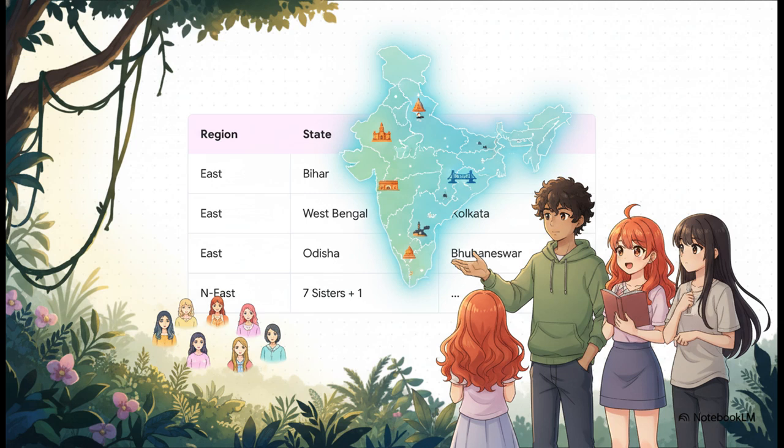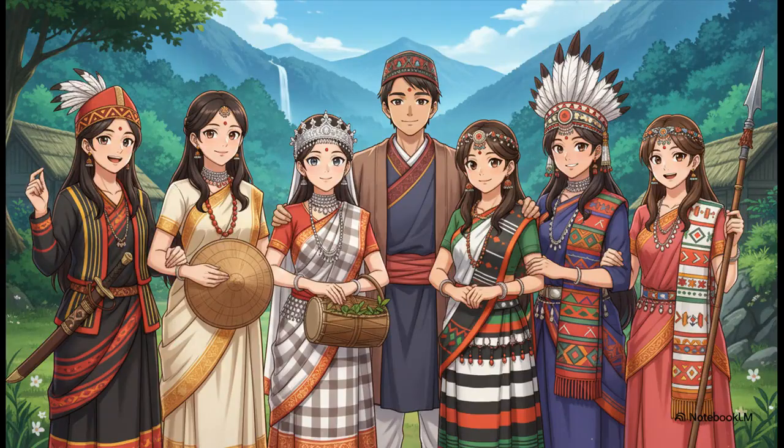Okay, let's swing our journey over to the east. Here we find Bihar with its capital Patna, West Bengal with Kolkata, and Odisha with Bhubaneswar. From there, we move to the incredibly lush northeast region, which has this really cool nickname to help us remember all of its states. So the trick here isn't just a sound, it's a whole concept. The Northeast is famously known as the land of the Seven Sisters.